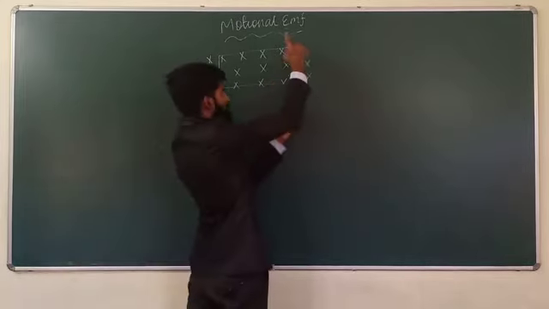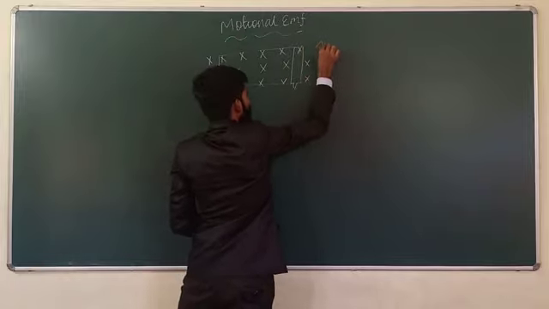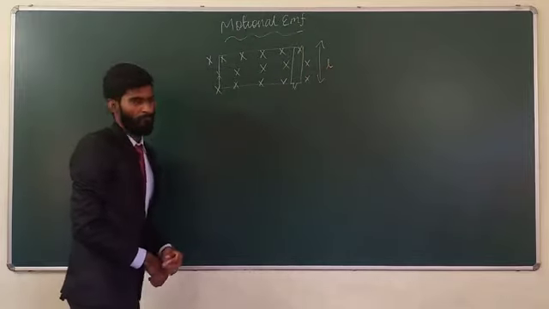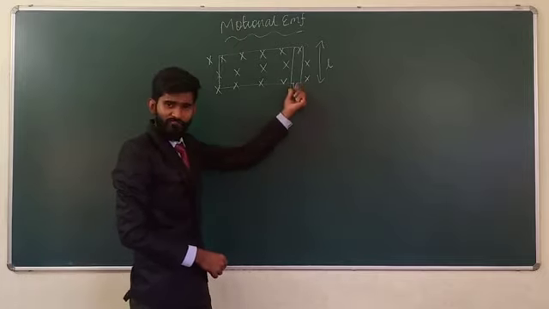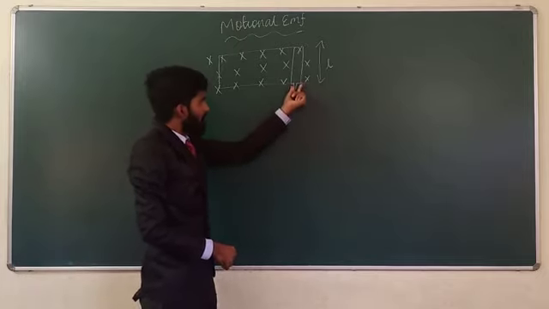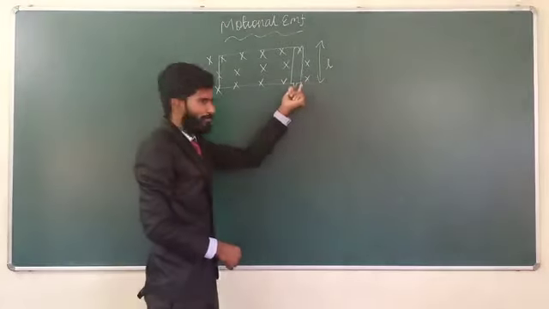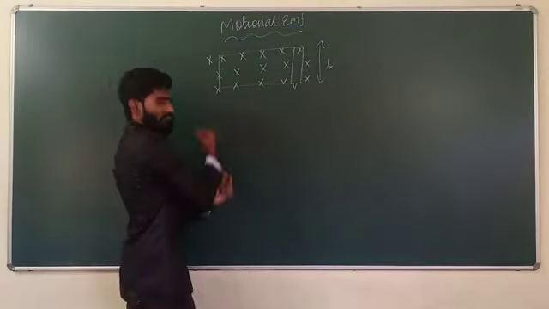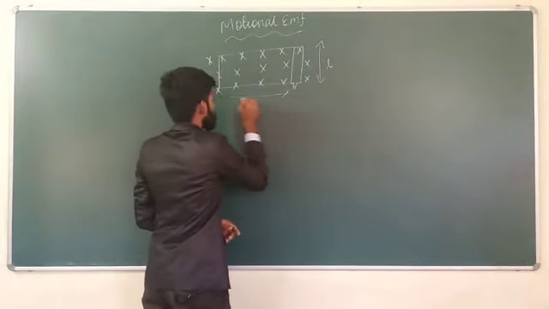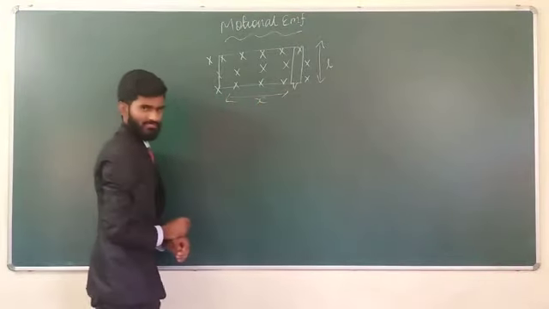The length of the conductor we are going to assume as L. This rectangular part is capable of moving up to this much distance. So that distance we are going to consider as x.